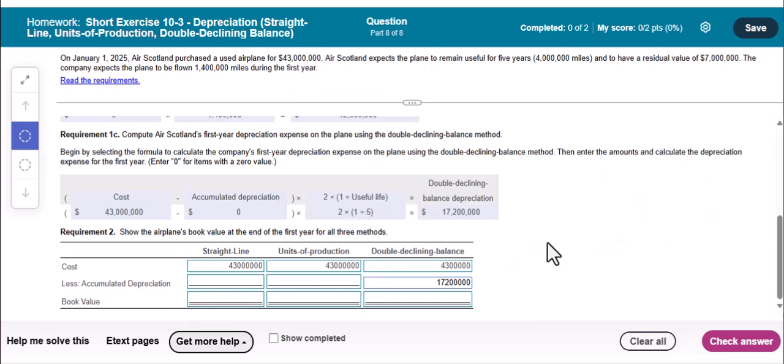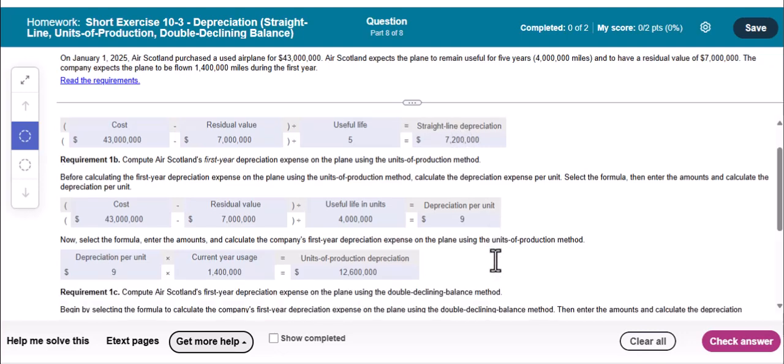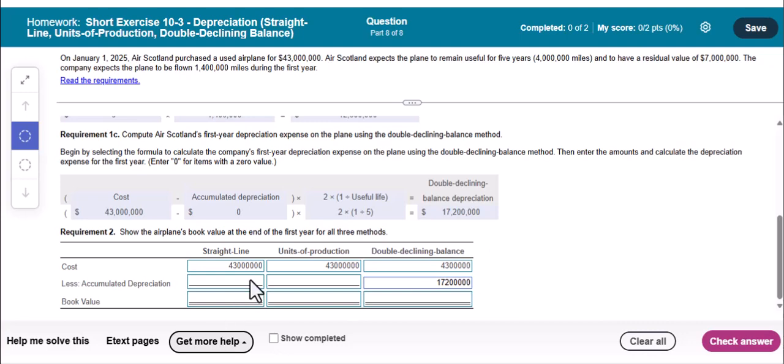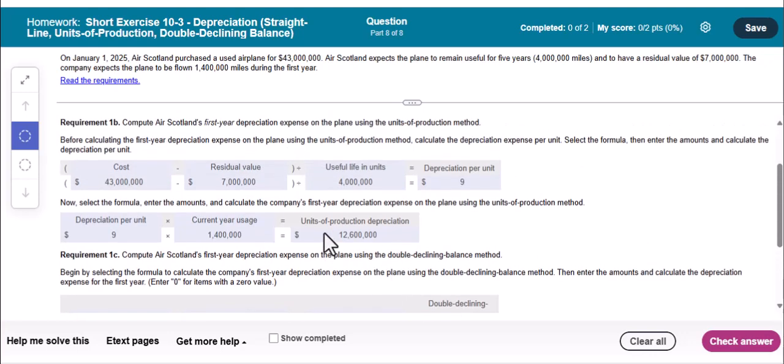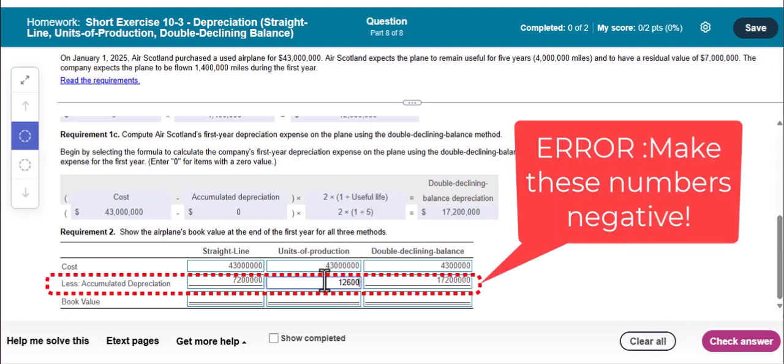And scroll back up. It looks like for the first year, for this one, it's 7.2 million for the straight line depreciation method. And then for the units of production method, again, let's have a quick peek. That was at 12.6 million. Okay, and then some math here.